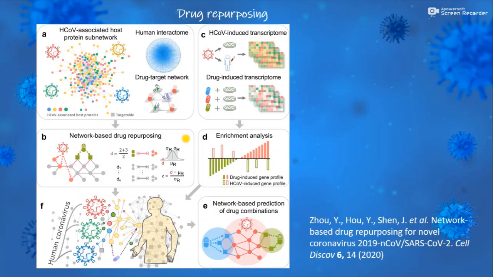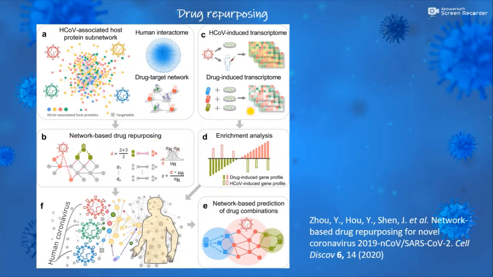Next, they found the proper targets, which proteins in the interactome the coronavirus is affecting, and which proteins are affected by the drug, which finally would help make the coronavirus ineffective.